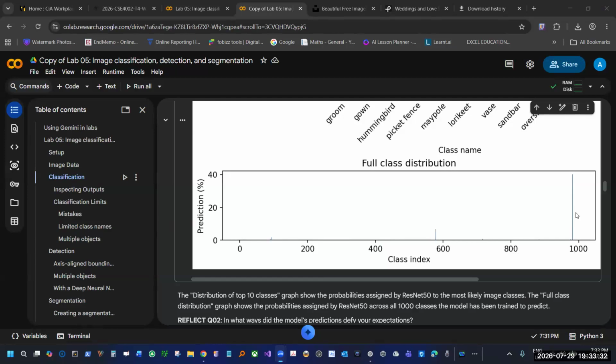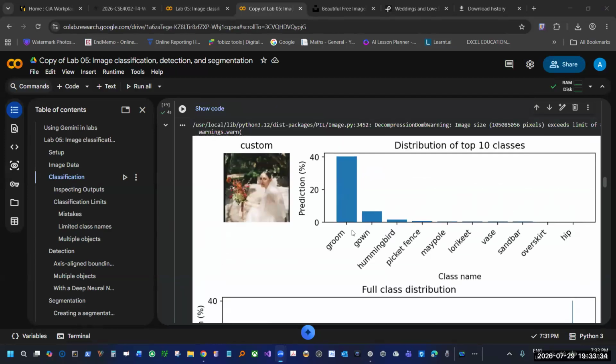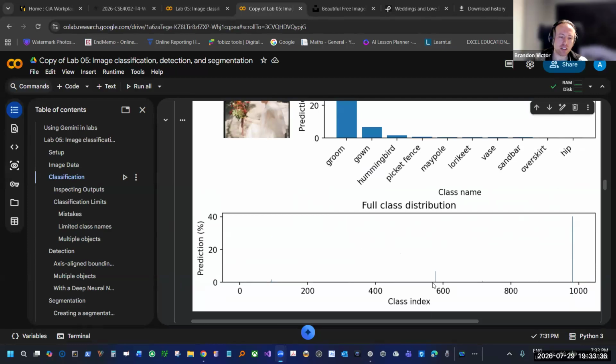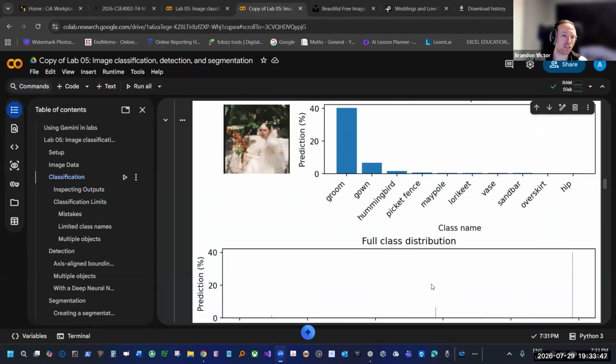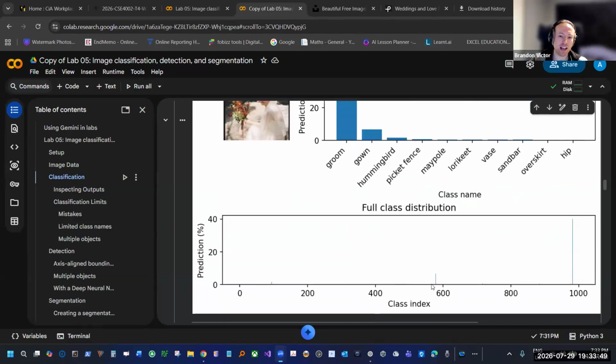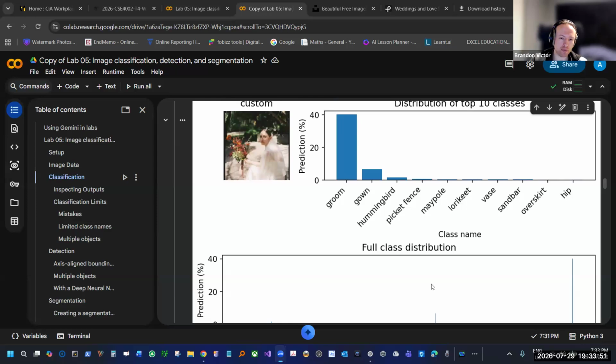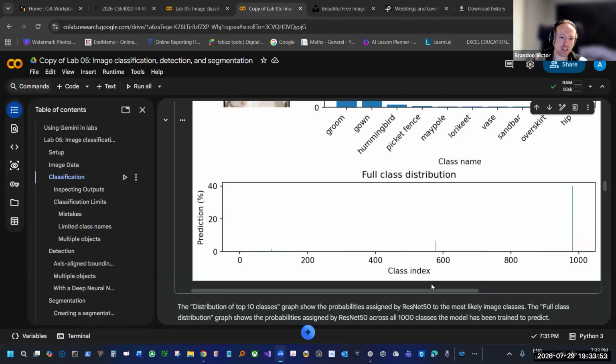This is different views on the same data. The model has output a score for each of the 1,000 classes, and it's given the highest score to groom and the second highest score to gown.